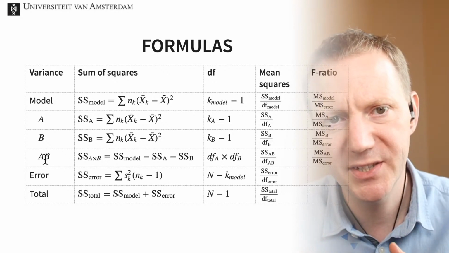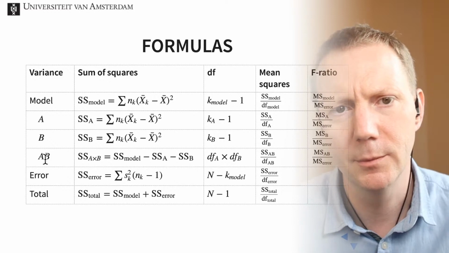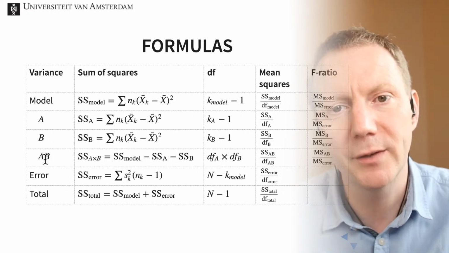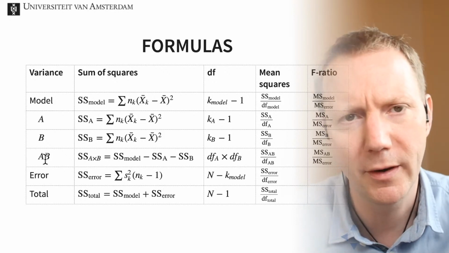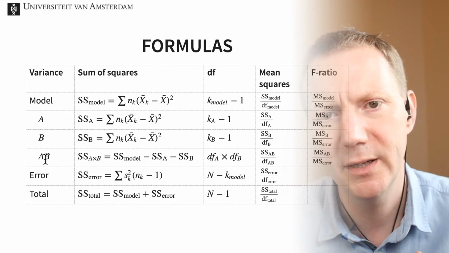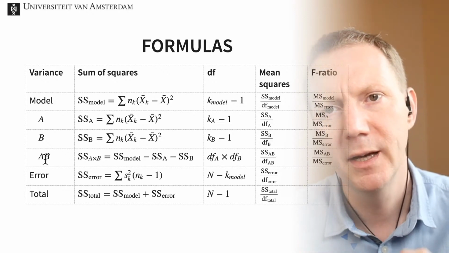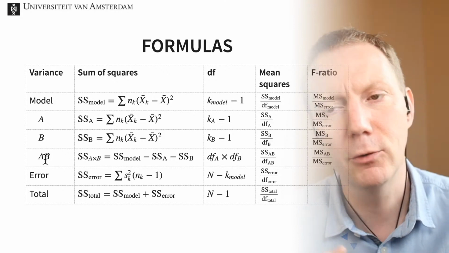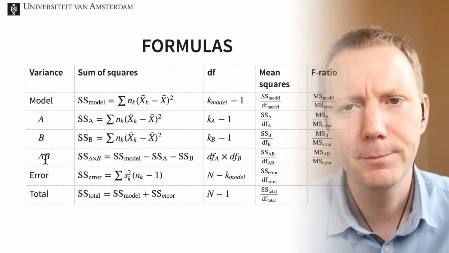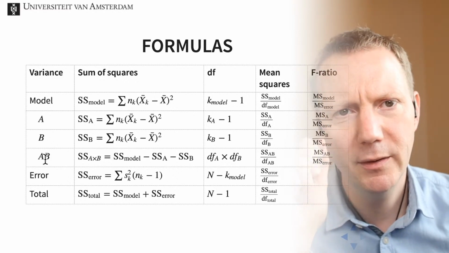Because if there is, then the interaction explains parts of the results, and well, then you can't correct for that covariate. But here, we actually want to know if there is an interaction going on. So we want to determine if there's a main effect of A or a main effect of B and what they do together.